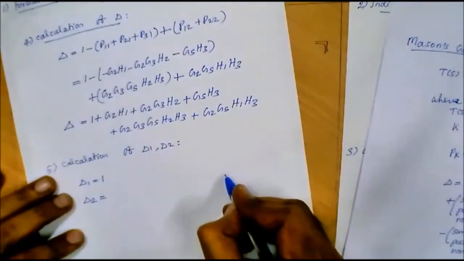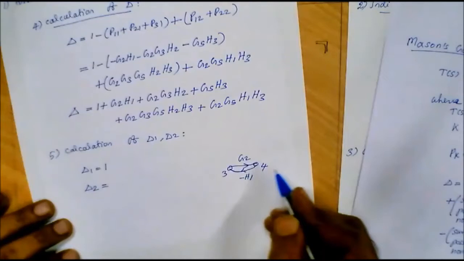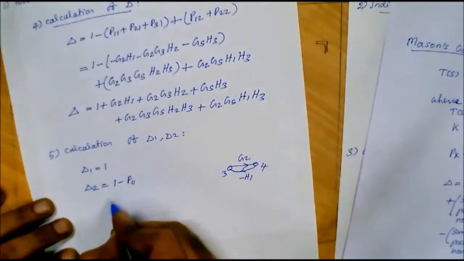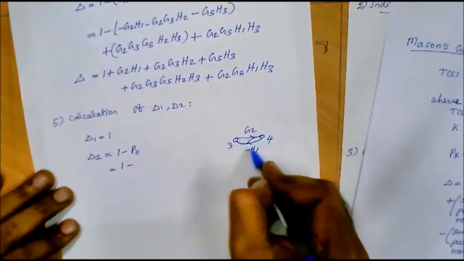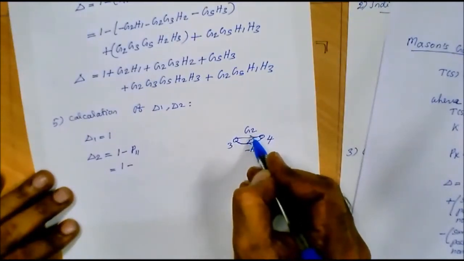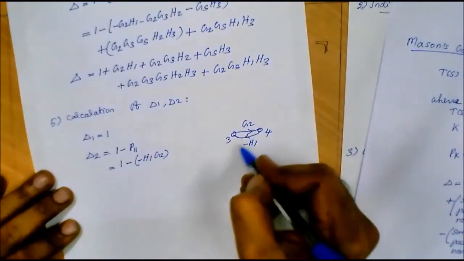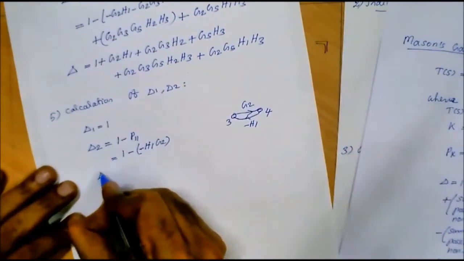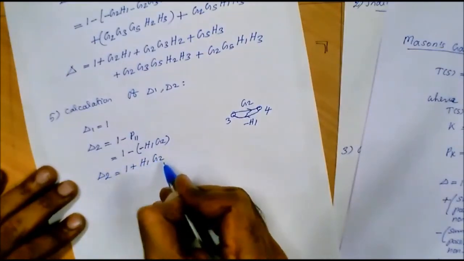So we can write the formula as 1 minus P11, which is equal to 1 minus the loop gain, H1 into G2, so minus H1 into G2. Here we don't have two non-touching loops because we have only one loop, so the value of delta 2 is equal to 1 plus H1 into G2.